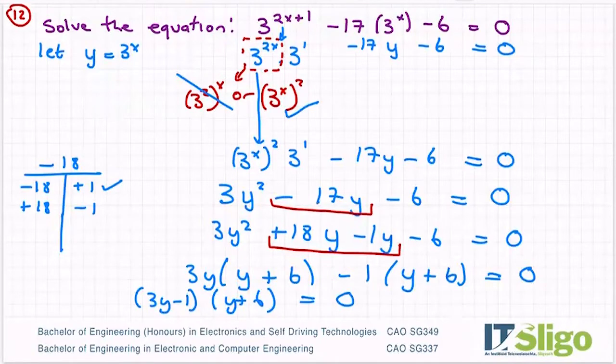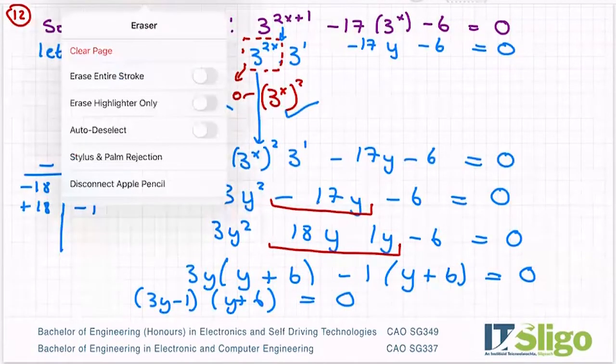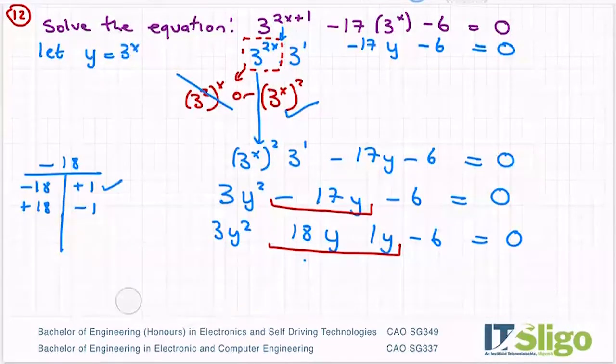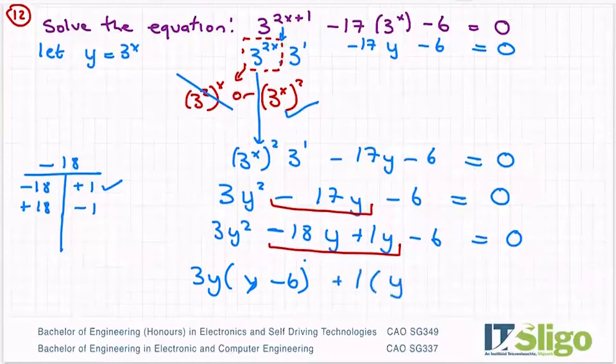I just want to make sure my signs are right. I took the wrong ones, didn't I? Look at that. I did take the wrong sign, so let me just fix that up again. That should be minus there and plus there. Plus 1, y minus 6 equals 0.